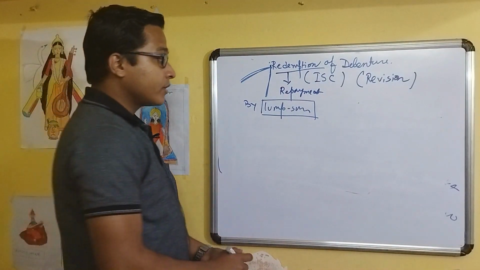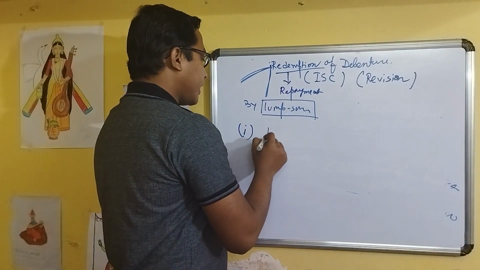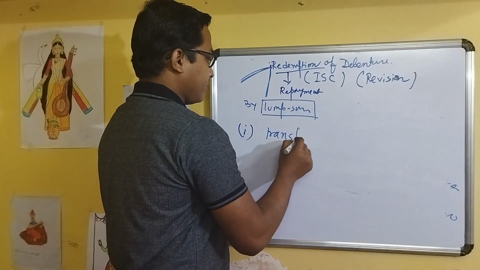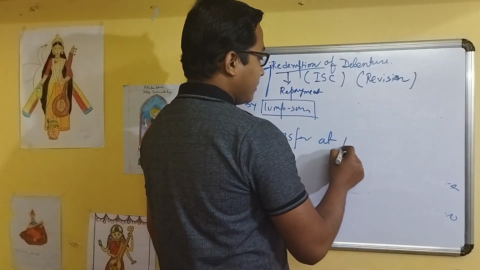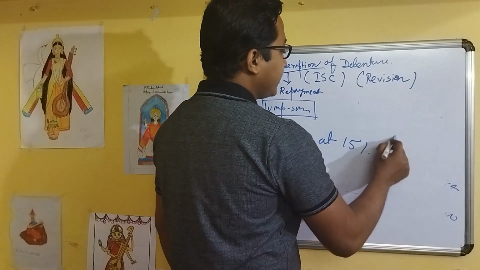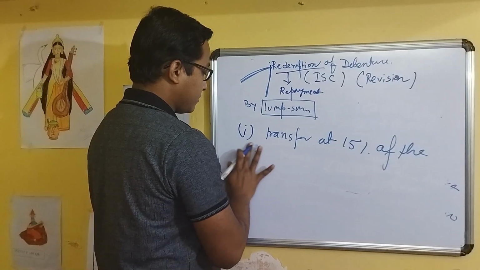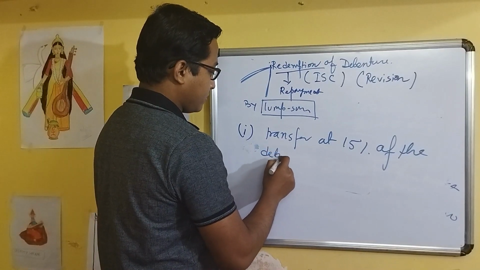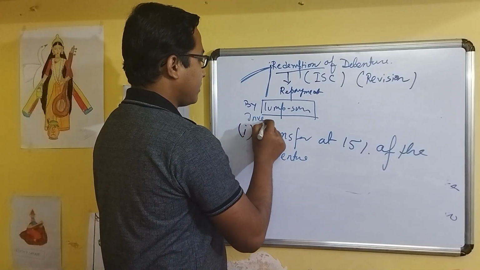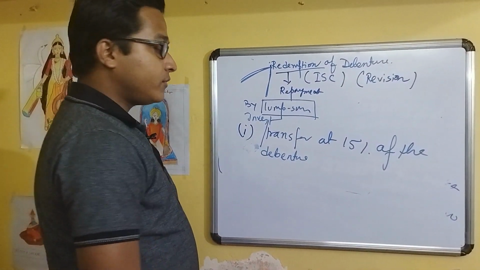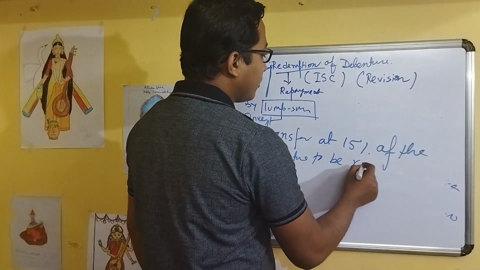The first one is that we have to transfer, or let's say invest, at least 15% of the debenture to be repaid or redeemed.